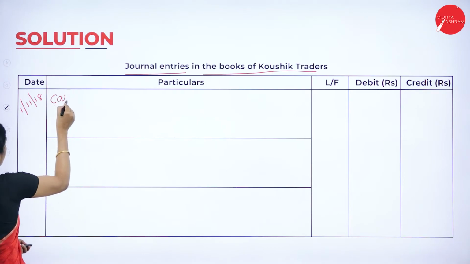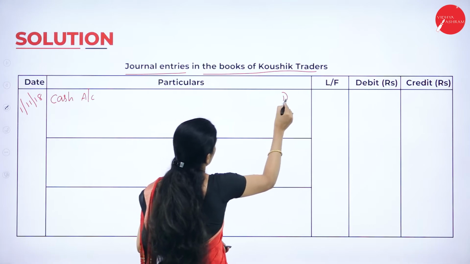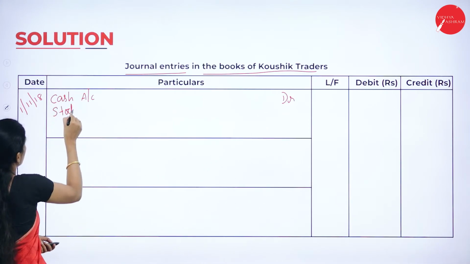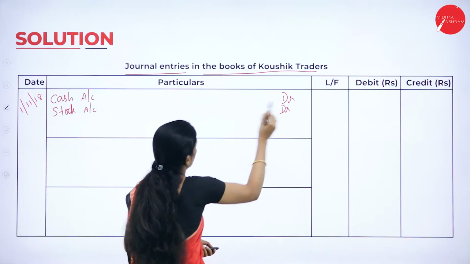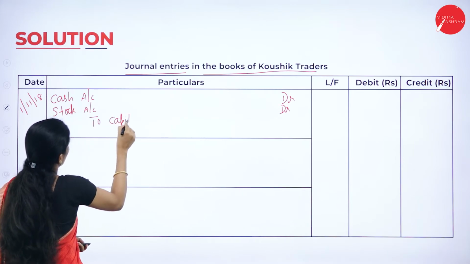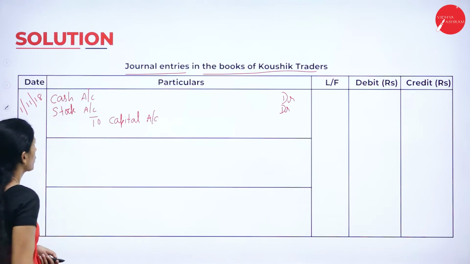So, what is the entry? Cash account debtor, stock account debtor, to capital account.